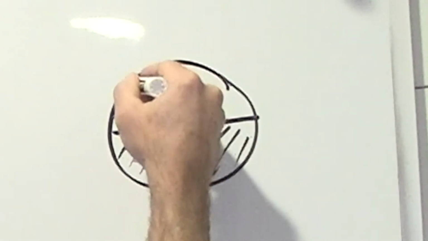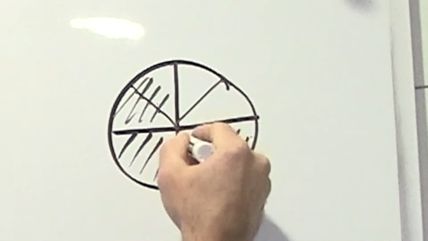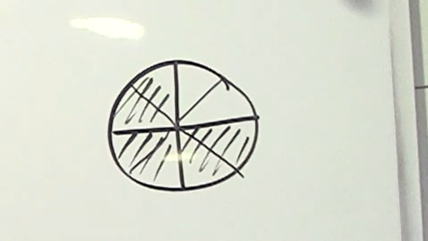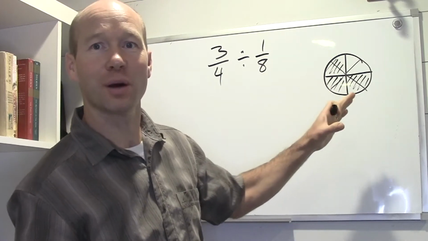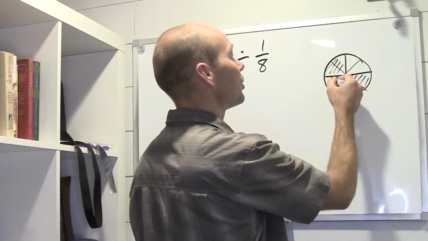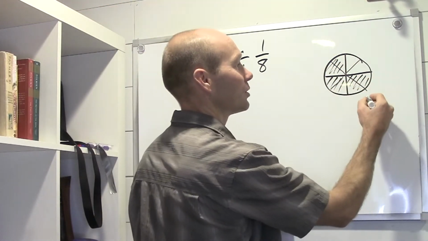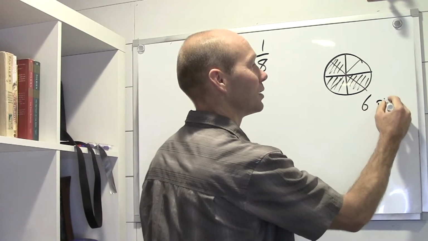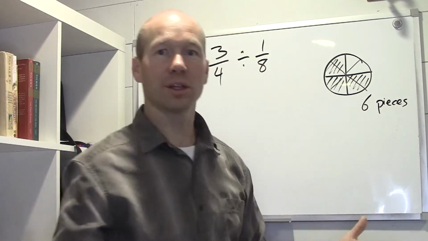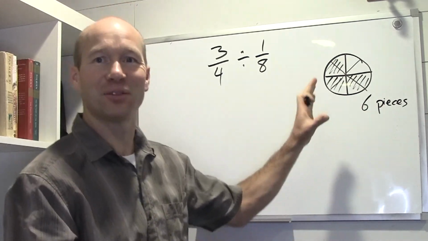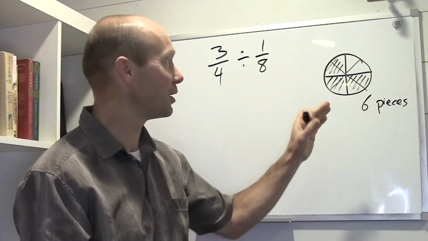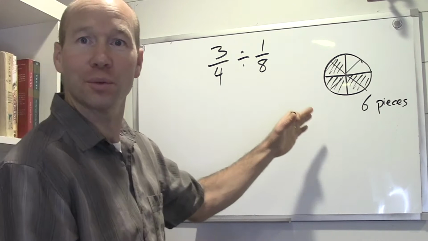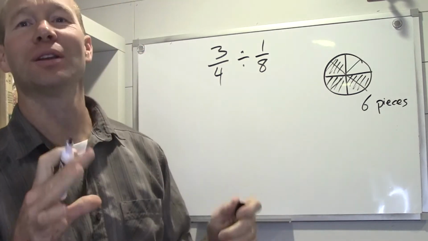So if I've got fourths, I'm going to break it up into eighths. Now I have how many pieces of pie left? 1, 2, 3, 4, 5, 6. So I'm going to get 6 pieces. And that's pretty easy. If we were just using pie and we had 1/8 pieces, we could do that right here. Let's do that using math.